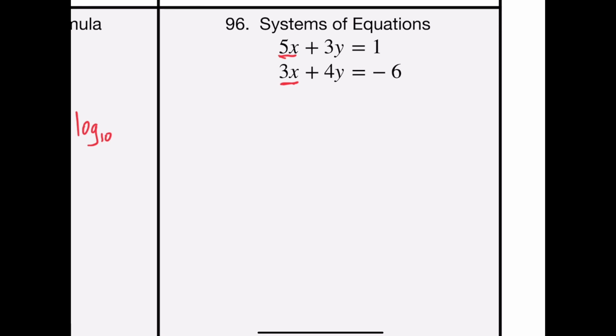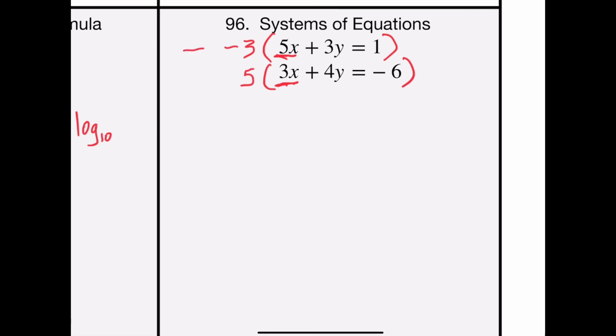If I think about what would be a common denominator for 5 and 3, I would get 15. I need one of them to be positive and one of them to be negative in order to add to 0. So I'm going to choose to multiply both sides of the top equation by negative 3. Again, if I multiply both sides of the equation, I haven't changed the equality of the equation itself. The bottom equation I'm going to choose to multiply by a 5.